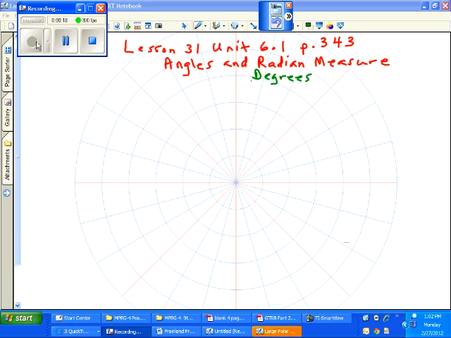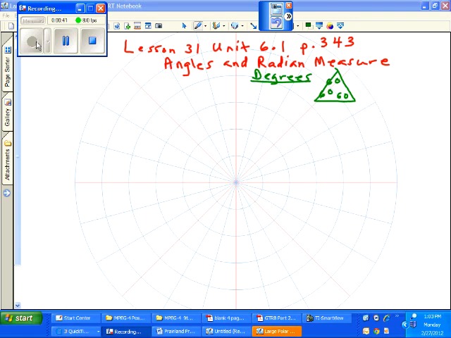Now, how did we define what a degree is? Where did that come from? Do you remember that? The Babylonians, in an equilateral triangle, we know that an equilateral triangle is also equiangular, and each angle of an equiangular triangle is 60 degrees.